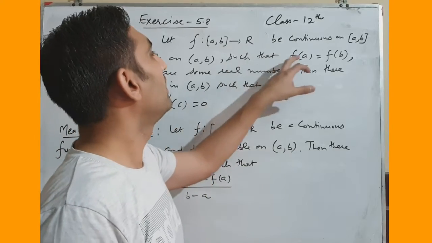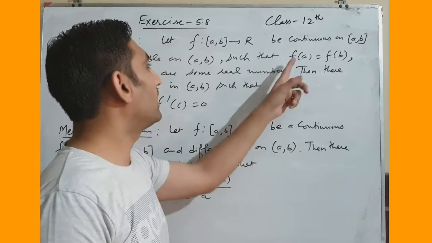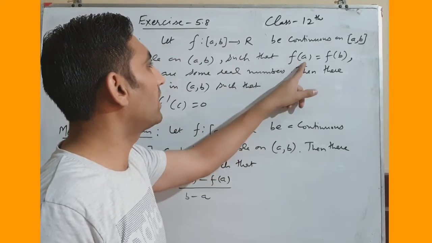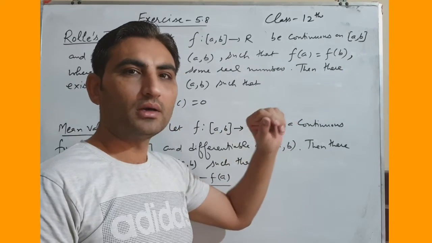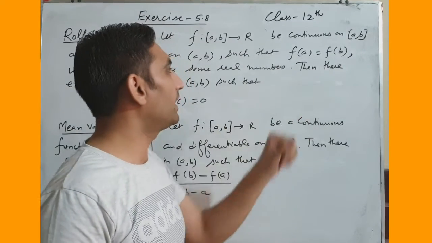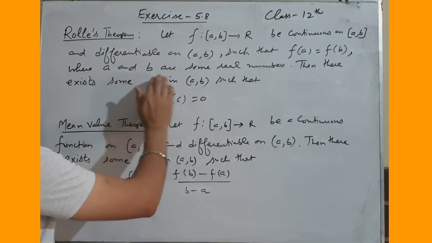such that f(a) equals f(b). After that you have to check the answer of that function at a and at b, whether they are equal or not, and if they are equal you are able to write that a and b are real numbers.